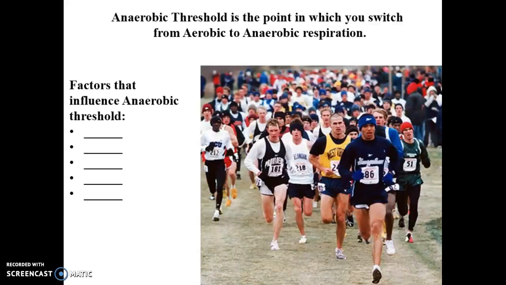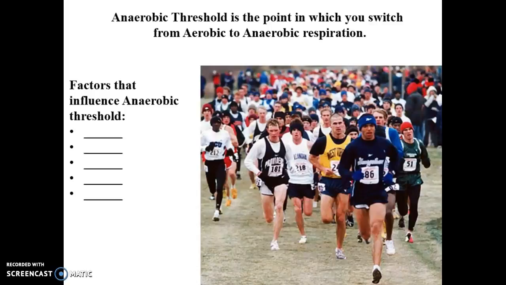What's the environment like? Now, if you want to increase your threshold, train at high elevations. If you go up a mountain and train at a higher elevation, what you're actually going to do is force your body to increase your threshold. It's going to produce more red blood cells. Red blood cells carry oxygen. It's going to force it to actually work harder because there's less environmental oxygen available.